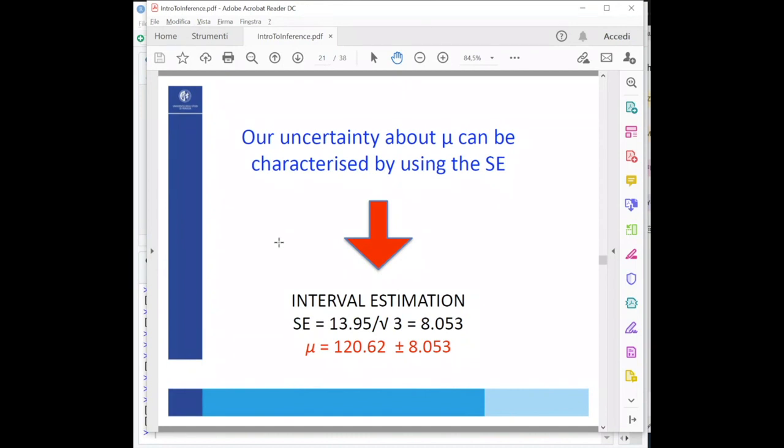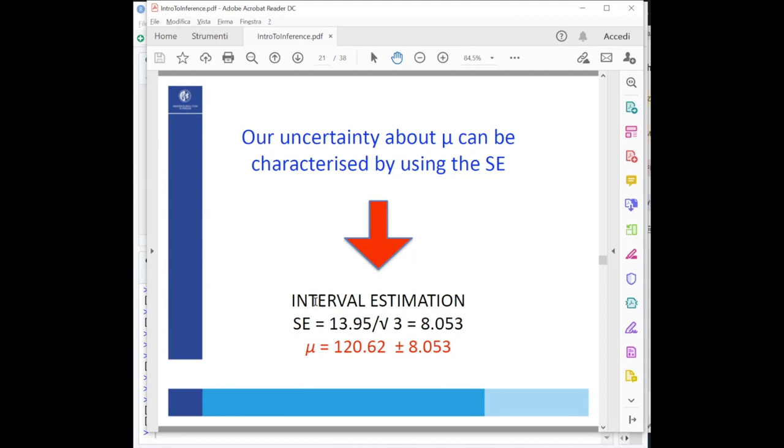So let me just repeat this, then I close. I take a sample. I calculate the mean for the sample. Then I calculate the standard error by using the information I have, i.e. the standard deviation of the sample, and I express my guess about the population by using an uncertainty interval, which is built, we will see tomorrow, as a multiple of the standard error.